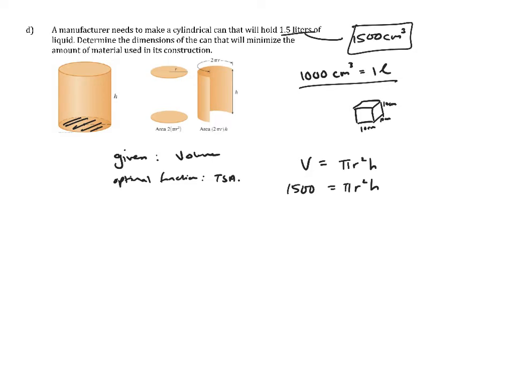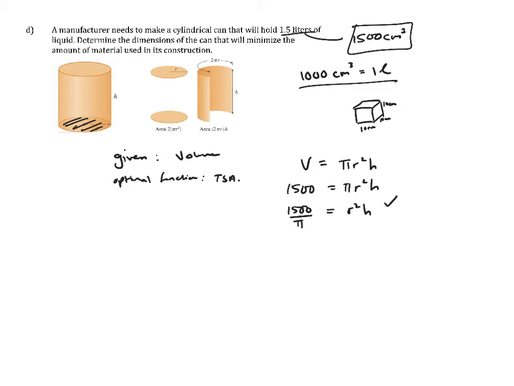Fear not if you see 3 variables. Remember, pi just represents a number, right? So in other words, you've got r squared h is equal to 1,500 divided by pi. You're not going to find the derivative with respect to pi. That's actually just a number, right? Okay, cool. Let's go for it.